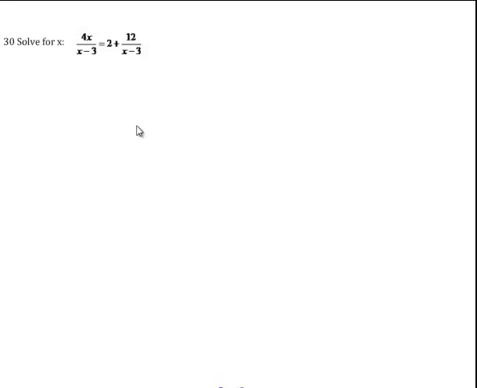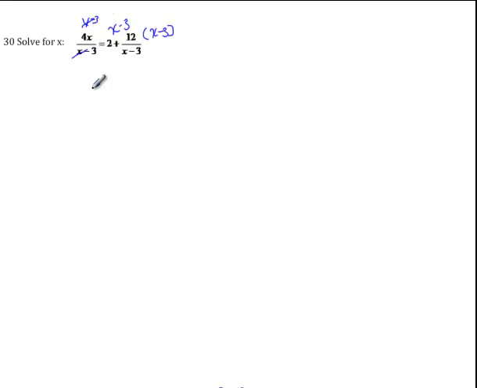Solve for x. One thing I like right away is I have common denominators of x minus 3. So there's quite a few ways I can do this. I'm going to choose to multiply everybody by the common denominator. That means this one's going to get multiplied by x minus 3, this term gets multiplied by x minus 3, and this term gets multiplied by x minus 3.